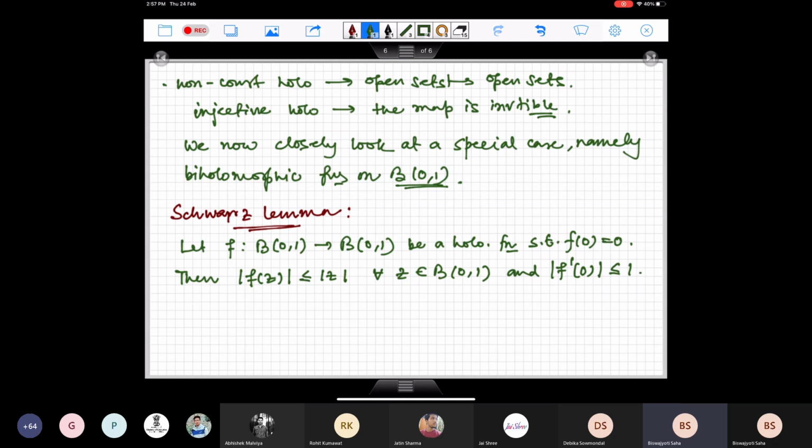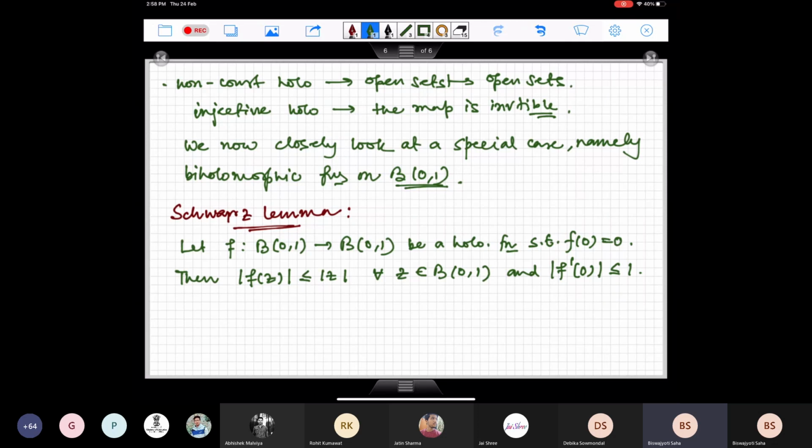So if I have a holomorphic function from B01 to B01 with the value 0 at 0, then the absolute value of f of z is going to be less than or equal to mod of z, and the absolute value of the derivative of f at 0 is going to be less than or equal to 1.